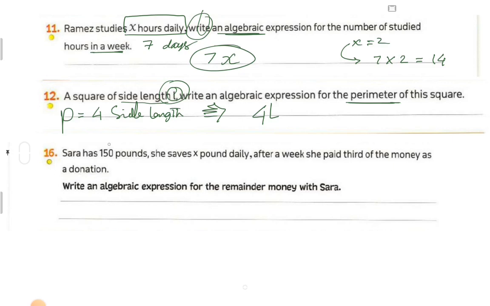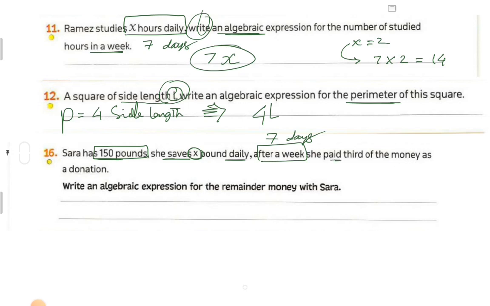Okay, Sarah has 150 pounds. She saves X pounds daily. Every day she saves X. After a week, it means 7 days, she paid a third of the money as a donation.